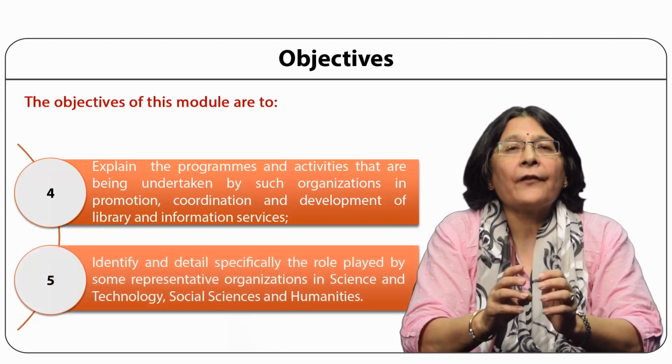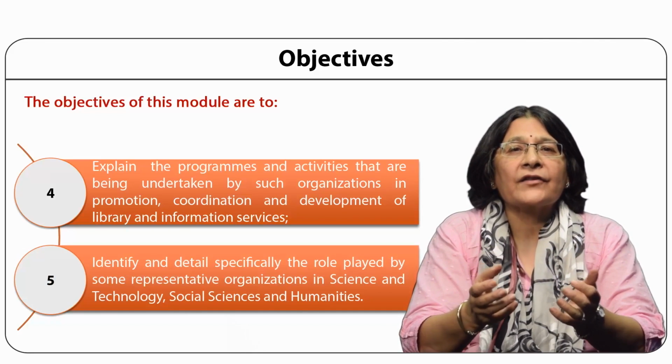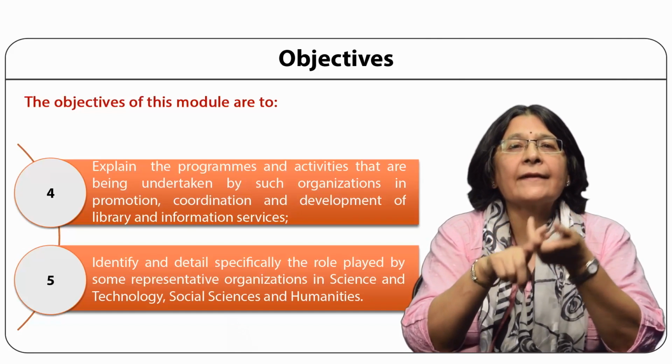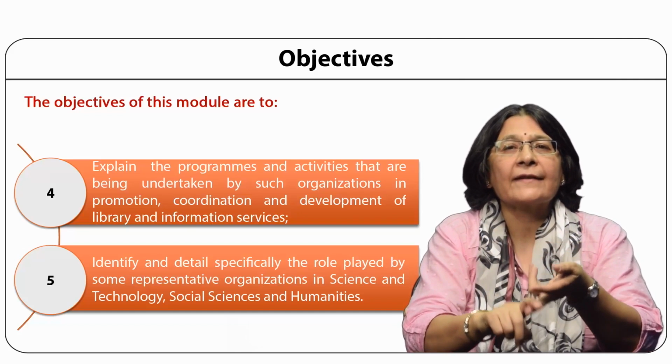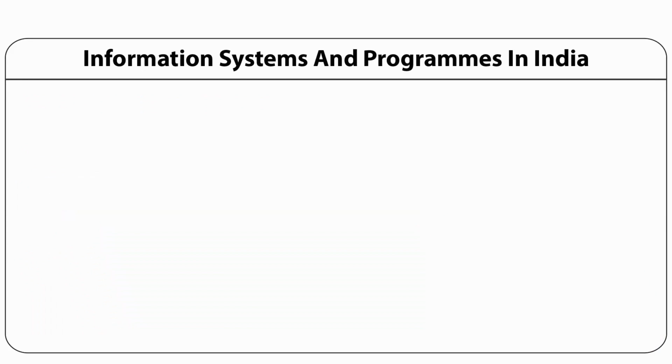We'll also identify and detail specifically the role played by some representative organizations in the field of science and technology, social sciences and humanities. The major national information systems and programs in India are launched by the Indian government and other organizations in the field of science and technology, social sciences and humanities.